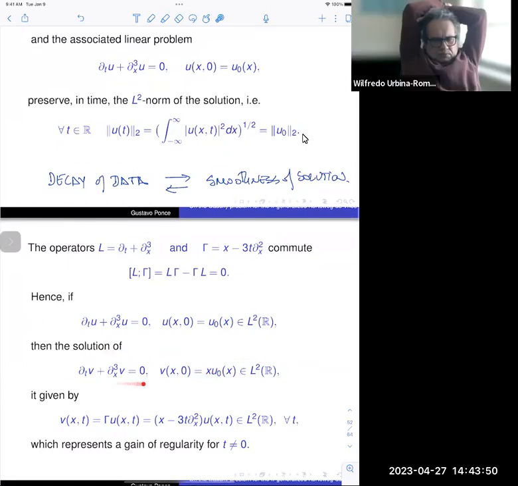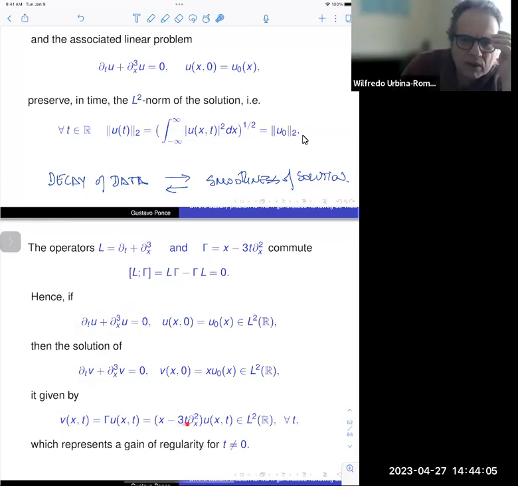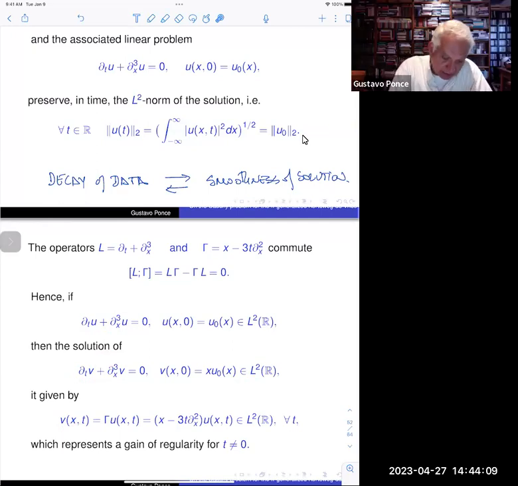Therefore, since this operator gamma that depends on t commutes with this, you apply gamma here, you put it inside, and you see that the solution v that you are looking for is exactly gamma applied to u. Gamma is exactly this one here.